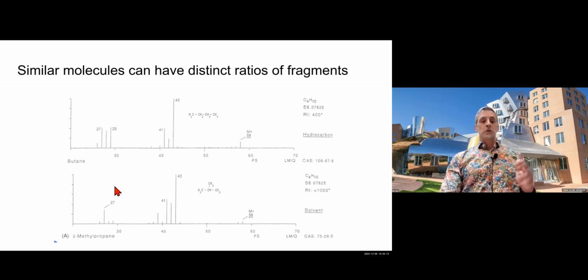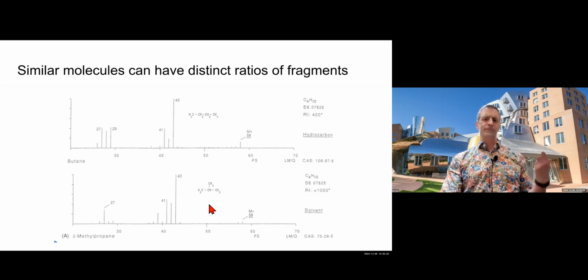If we look, most of the peaks on the top are still peaks on the bottom, and vice versa. It's only the relative intensities that have changed. So, for example, in butane, the molecular ion here at 58 is higher in abundance than it is in 2-methylpropane.